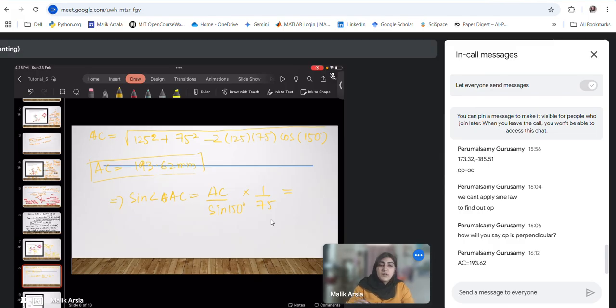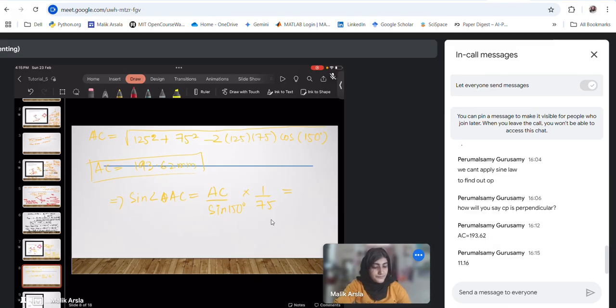Has anyone gotten it? 11.16 degree. No, it shouldn't be 11.16 degree.